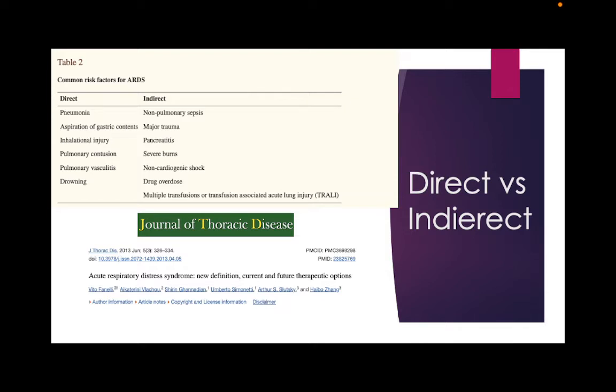So when we talk about direct or indirect, which ones do you think have a higher mortality? Why indirect? You're right. Why? Not necessarily not recognized in time.